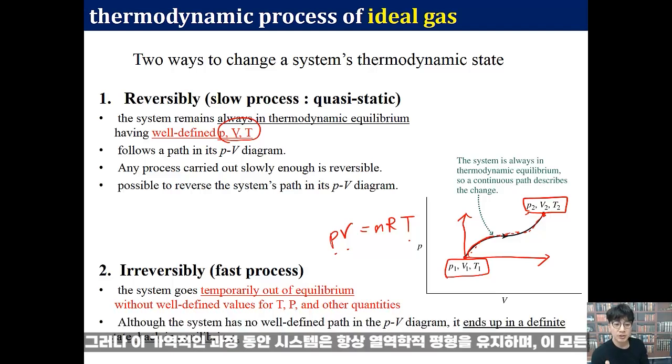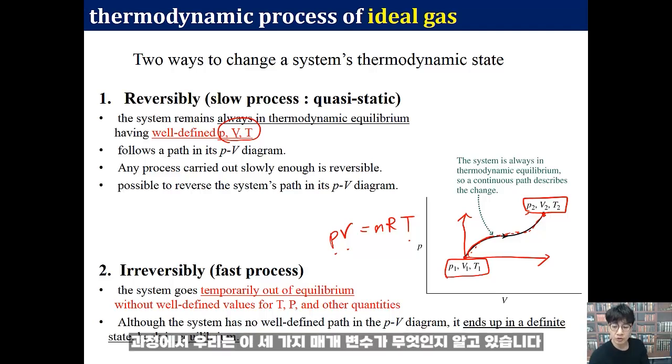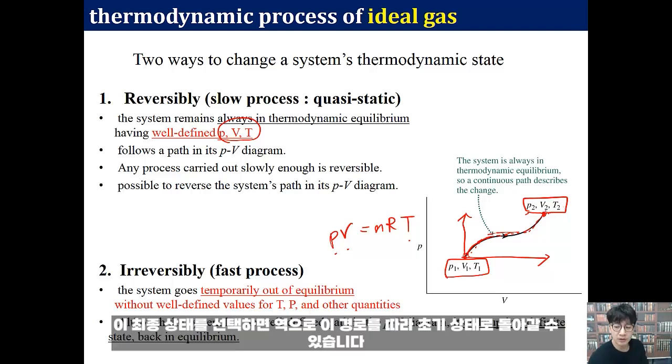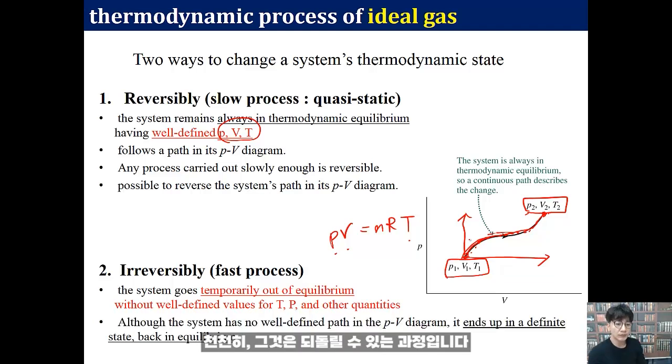But during this reversible process, the system remains always in thermodynamic equilibrium, and we know what these three parameters are. So we know the path, and we can follow the path in the PV diagram. And you can reversibly go from the final state back to the initial state slowly by following this path. That's a reversible process.